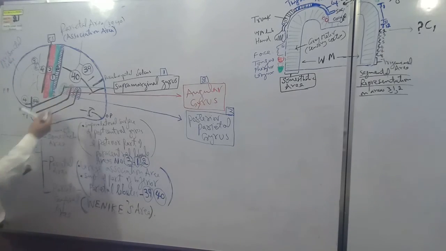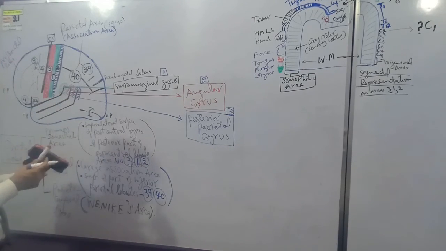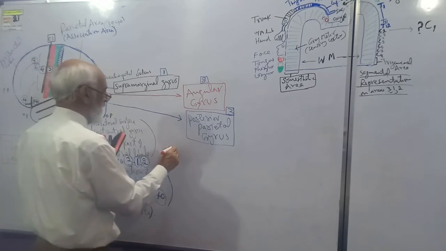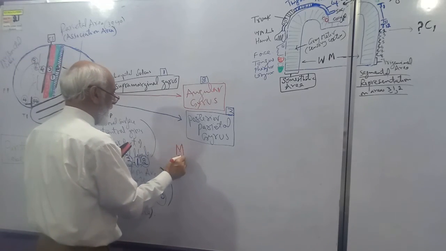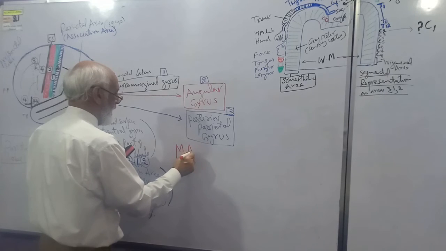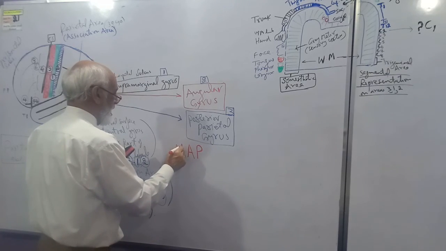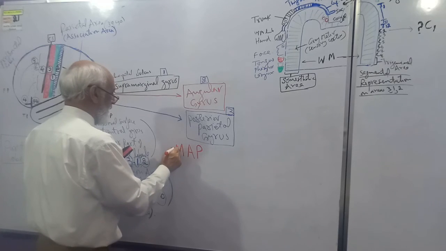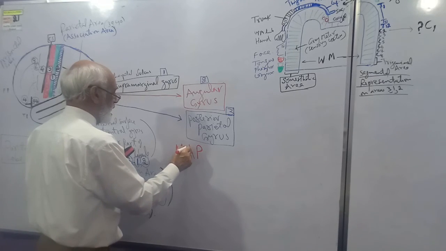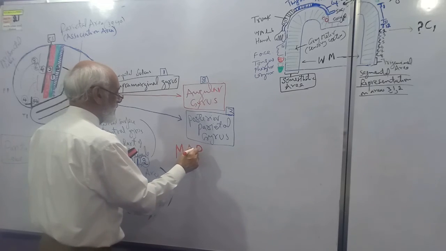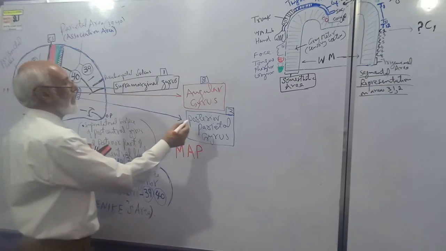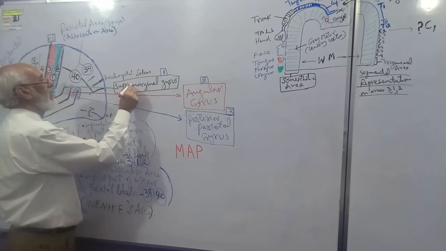It is easy to remember their names with the word MAP. M-A-P. Otherwise it will be difficult to remember their names in sequence. M for marginal.